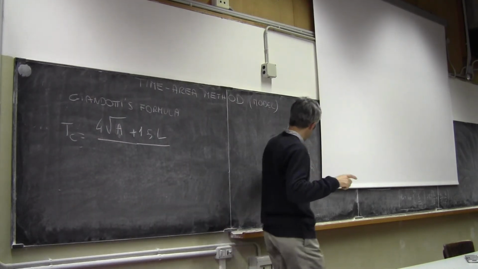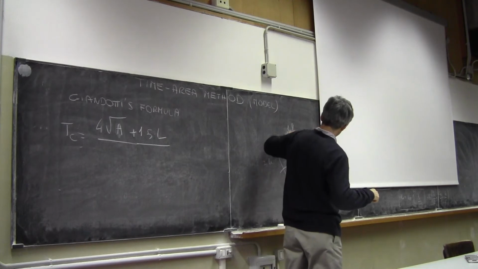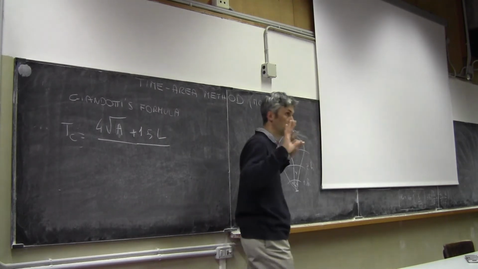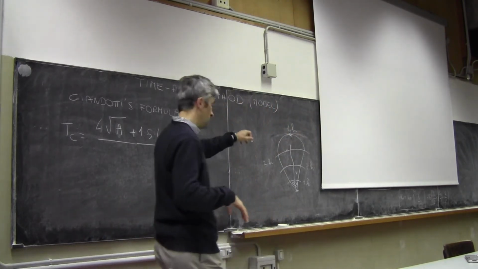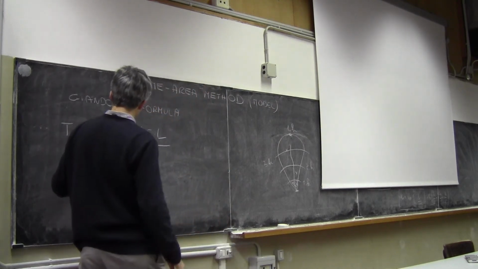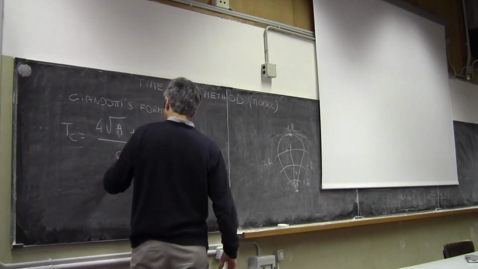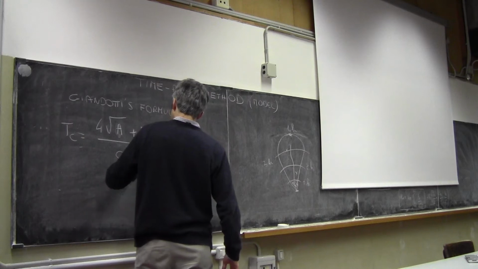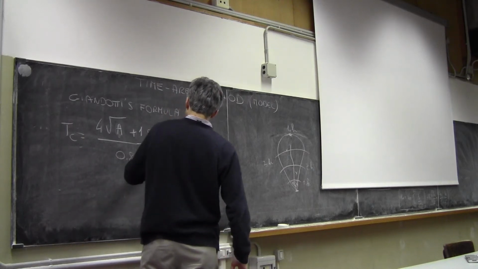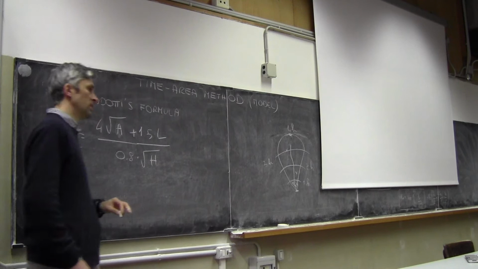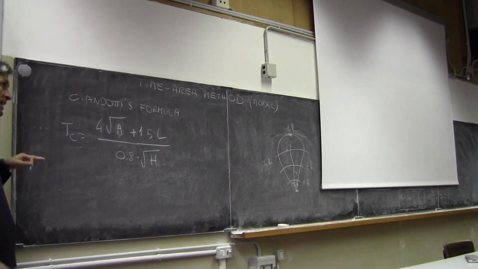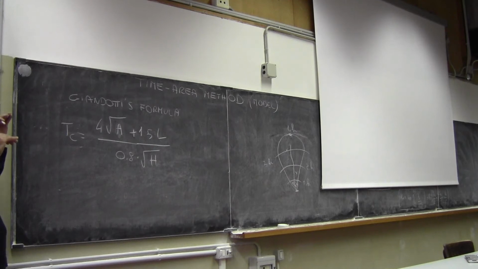In a catchment typically you have a main stream that starts from the outlet and stops somewhere. And this is the main stream, and at the denominator you have 0.8 times the square root of H. H is the average elevation of the catchment with respect to the closure section.